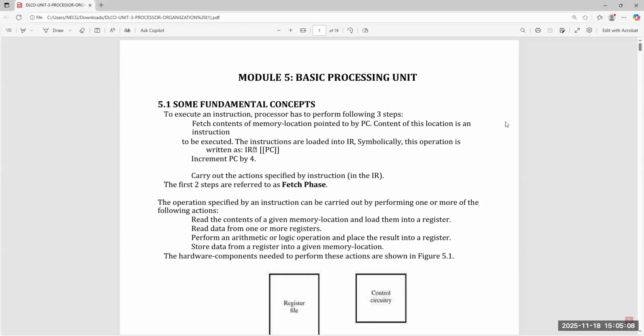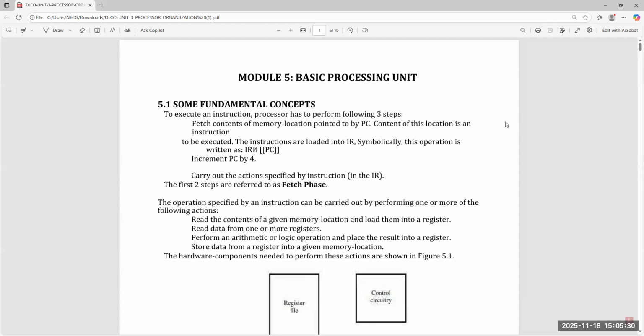So what does IR mean? IR is the instruction register. What is the instruction register?